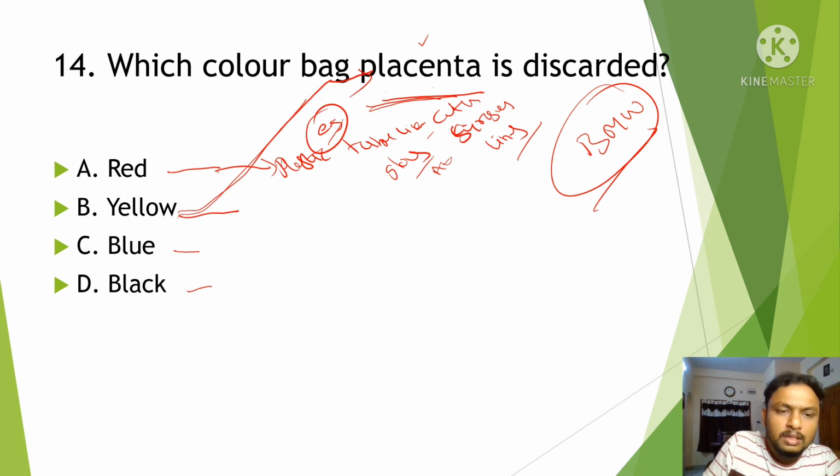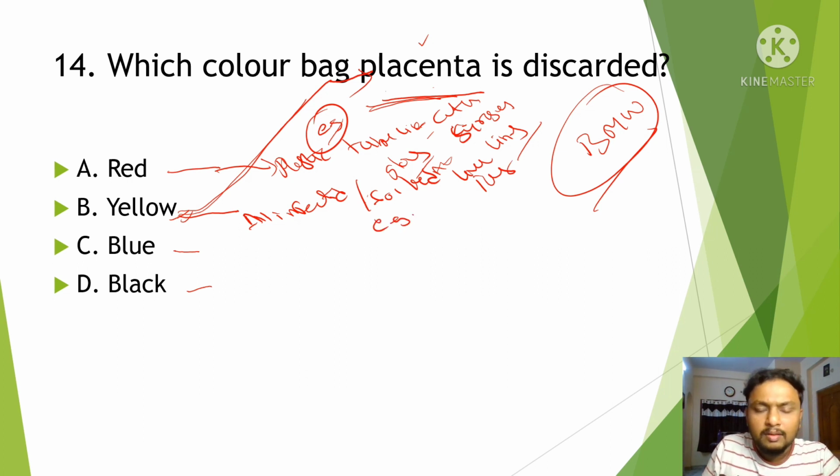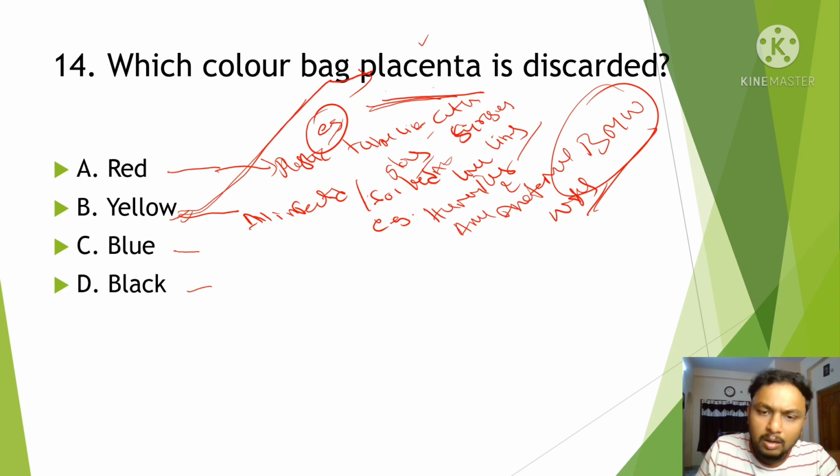Next, yellow: all infected or soiled linens or items, and all human and animal anatomical wastes, that is body parts.